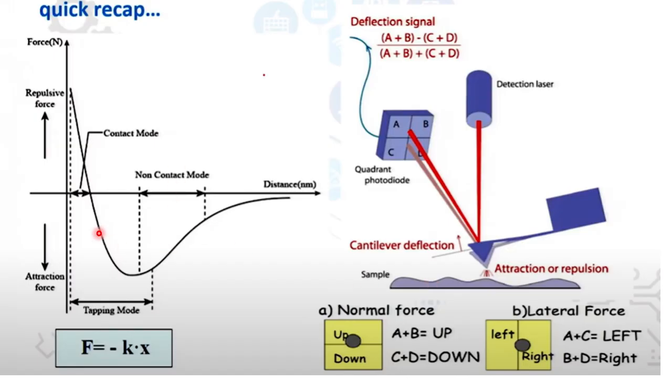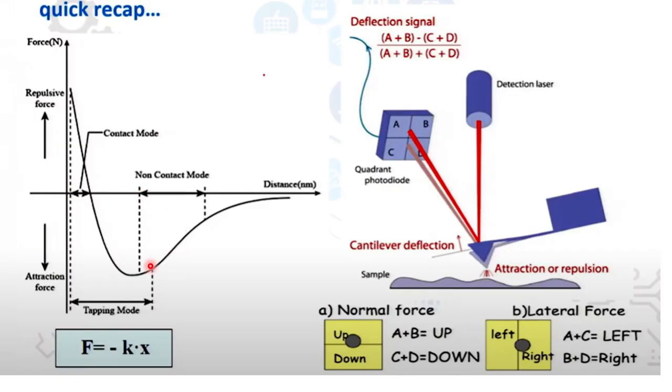So this is a potential energy diagram. Whenever it is contact mode, that means it is very close or touching the surface. In that case, the repulsive force between the atom and the cantilever tip will be high. So that's why it is showing a high force whenever it is very close, because of the Coulombic repulsion.